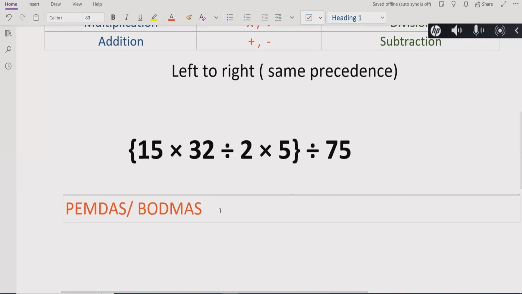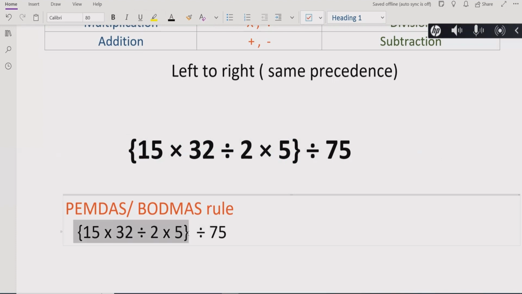Here we will follow the PEMDAS and BODMAS rule to solve this expression. The rule says that if you have any parenthesis, round, curly or square bracket, you have to solve that first.